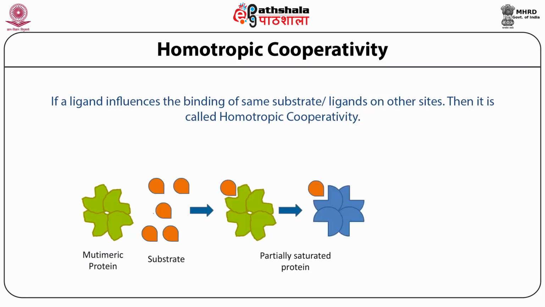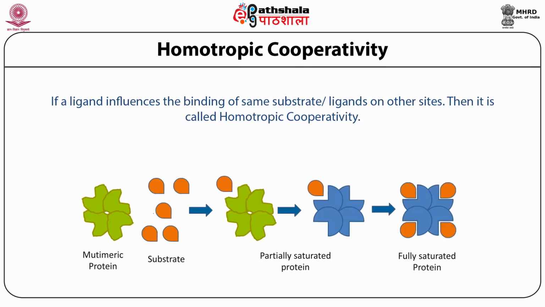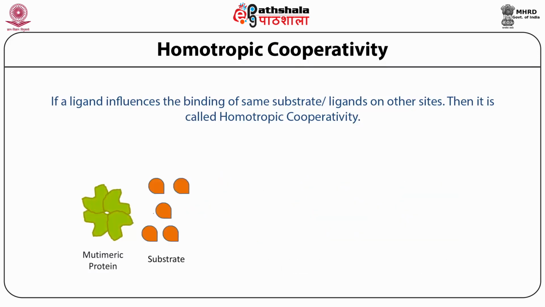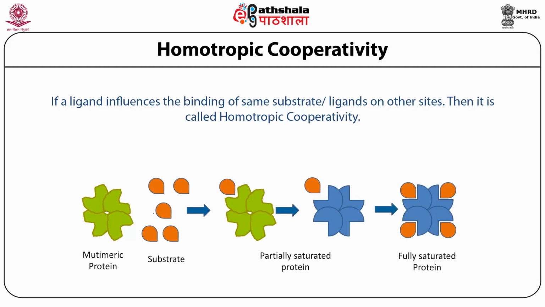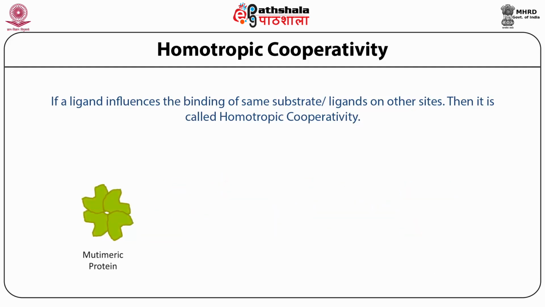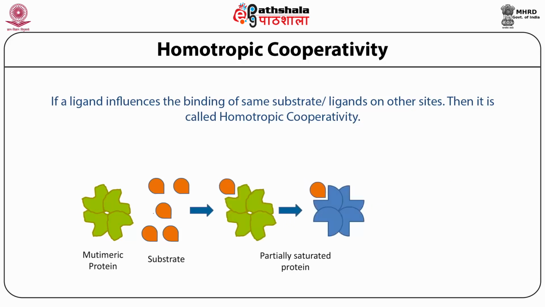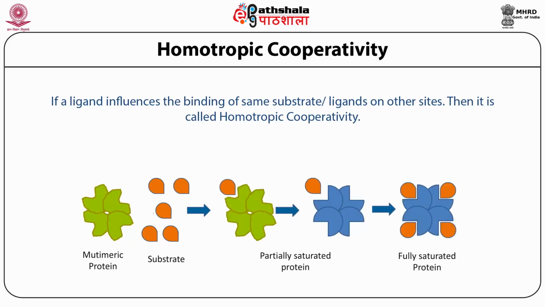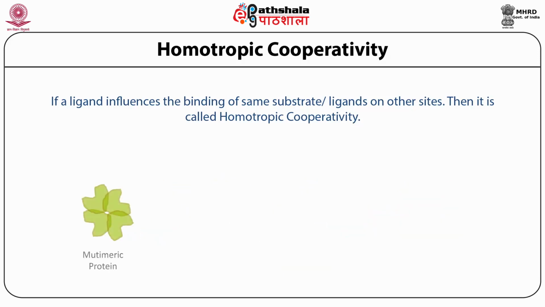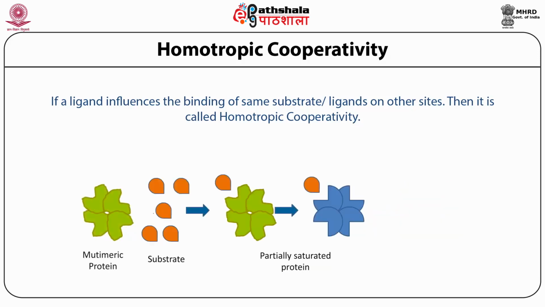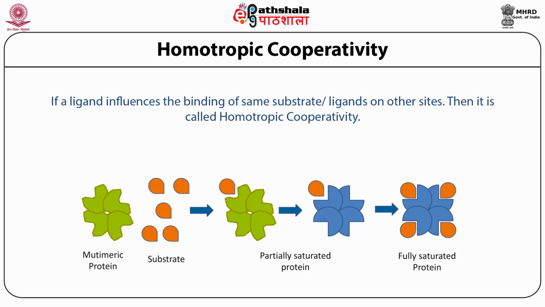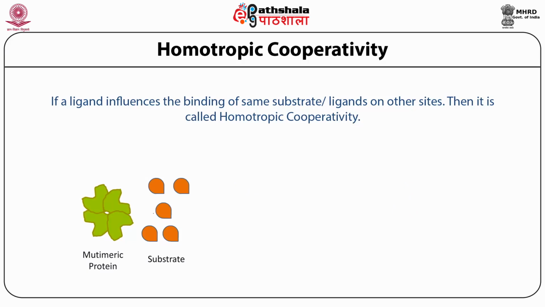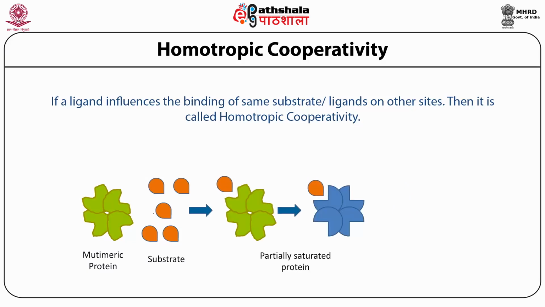Here in the figure we can see the multimeric protein, which is probably in the tense state, and when the first molecule of oxygen binds to the tense state, the partially saturated tense state brings a structural change in the entire tetrameric enzyme, and brings it completely to the R state, where all the similar substrates can bind on different subunits.